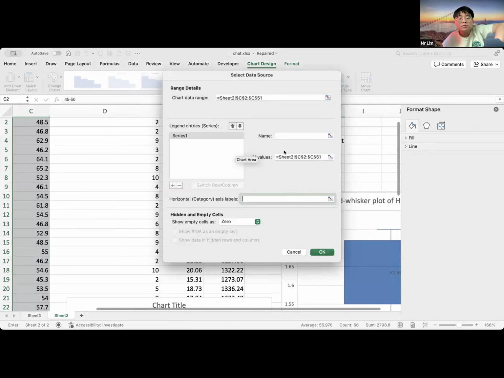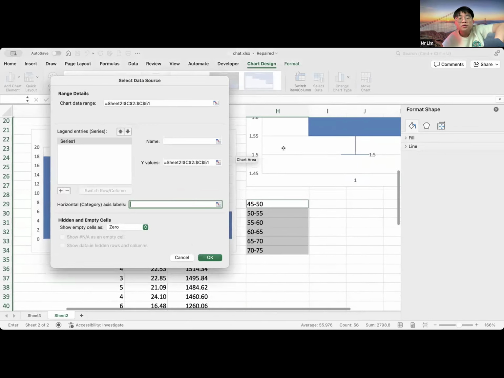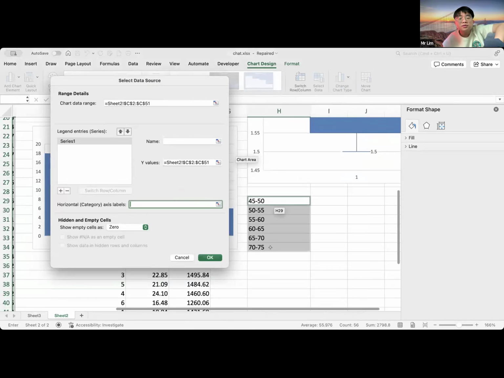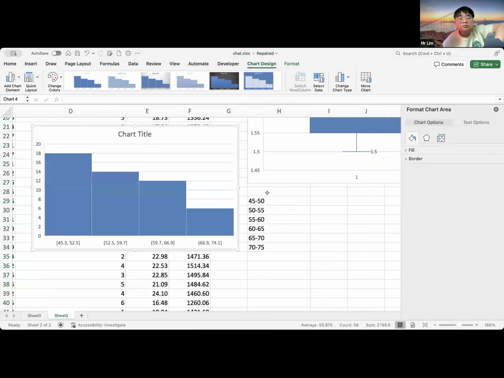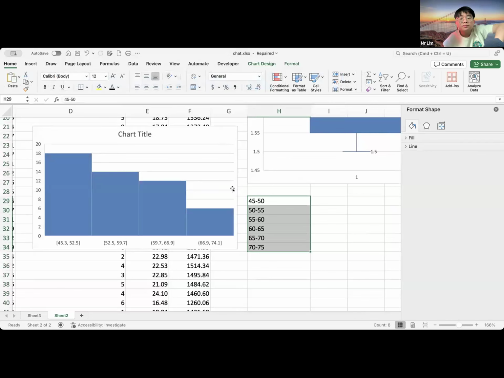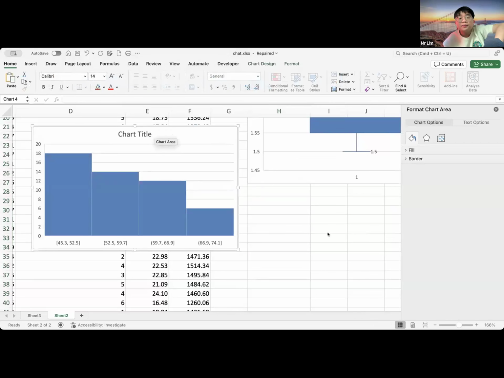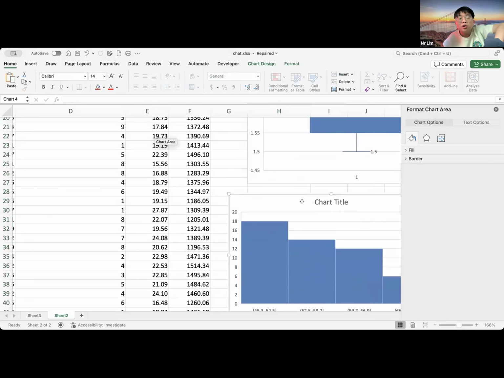Select the data, axis label. Can I do this? Well, I don't think so. It's okay. I will just leave it to your own.